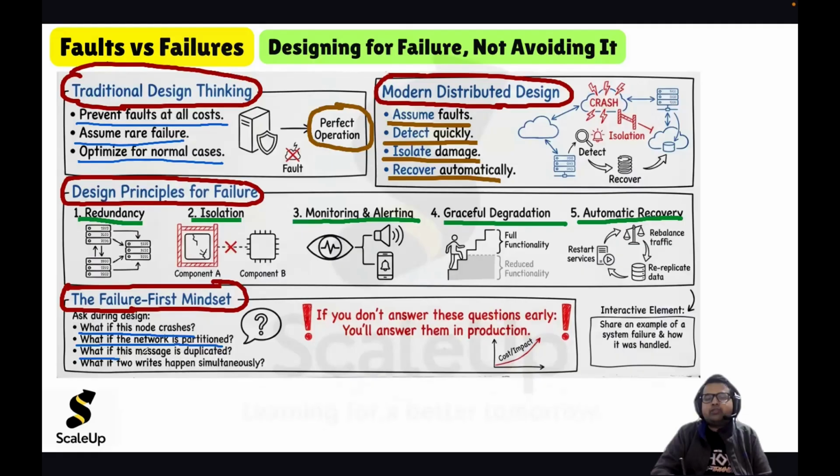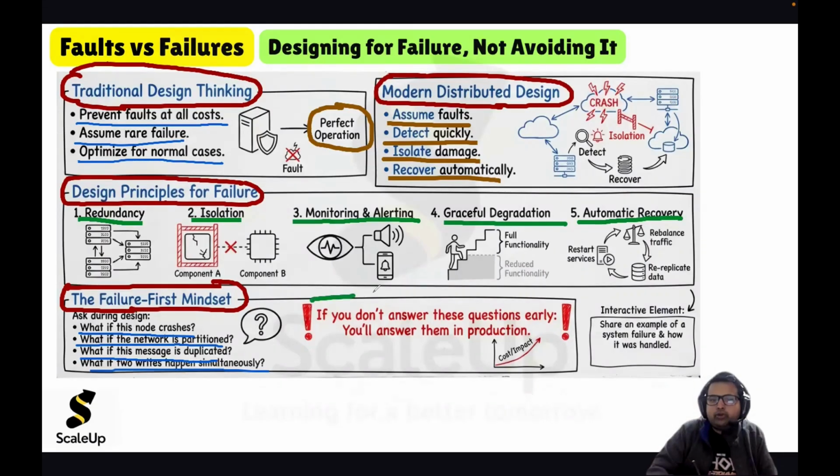What if this message is duplicated? What if two writes happen simultaneously? We have to have all these answers before system design, so that when we are designing systems, we are handling all these scenarios. And if we are handling all these scenarios, we are handling the failure.